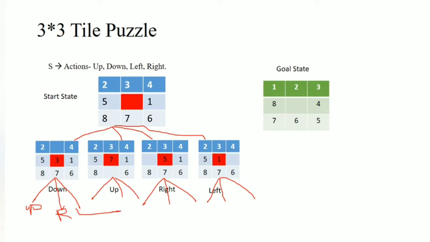In the next depth you have only 3 branches, whereas from the start state you have 4 branches. The actions taken are performed repeatedly in the next stage, in the next branch. Since you have already taken down, the down action cannot be done here. Here you have only the up action, right action and left action.